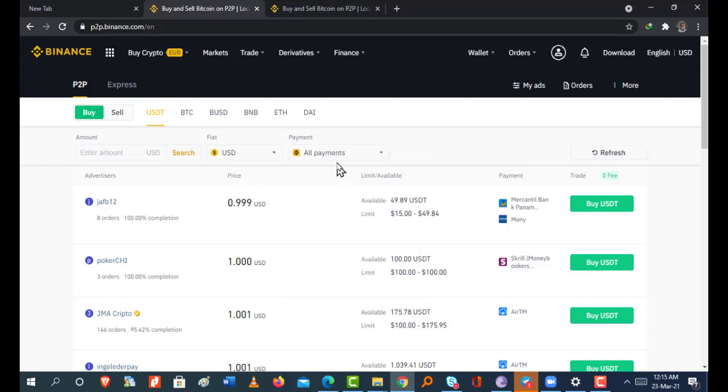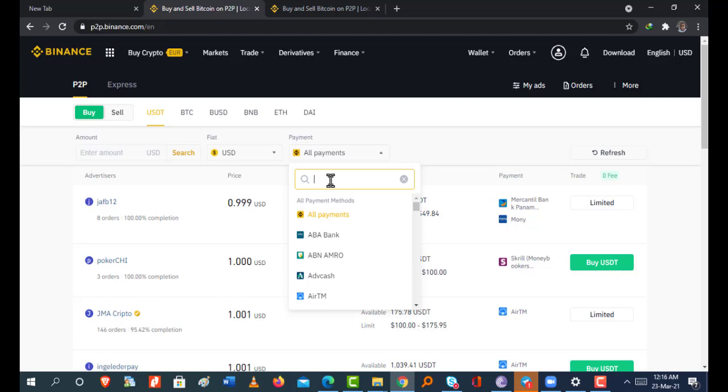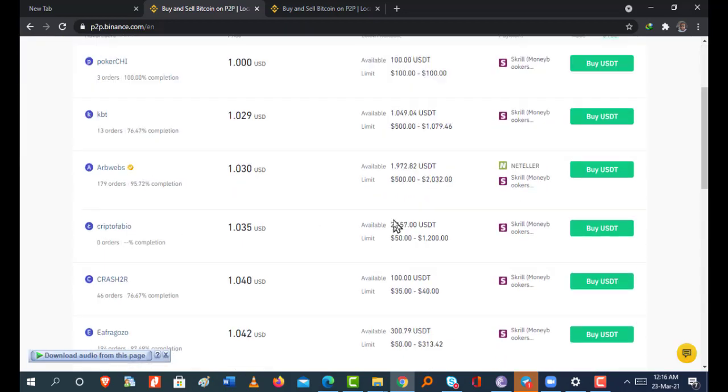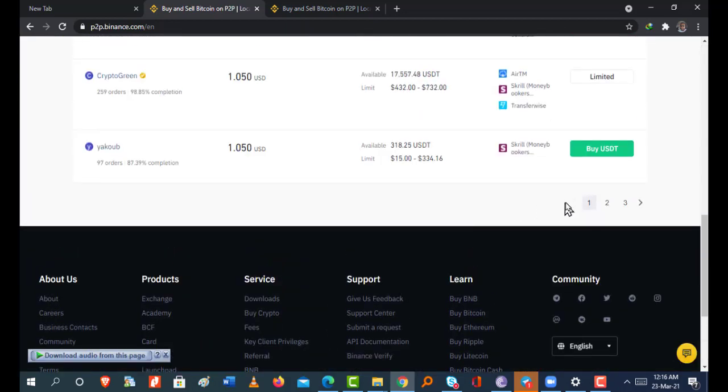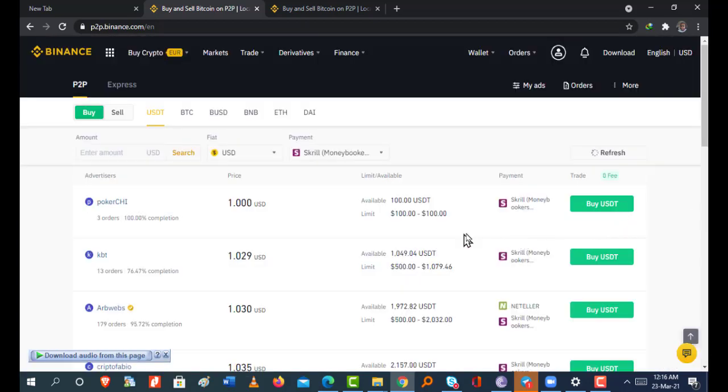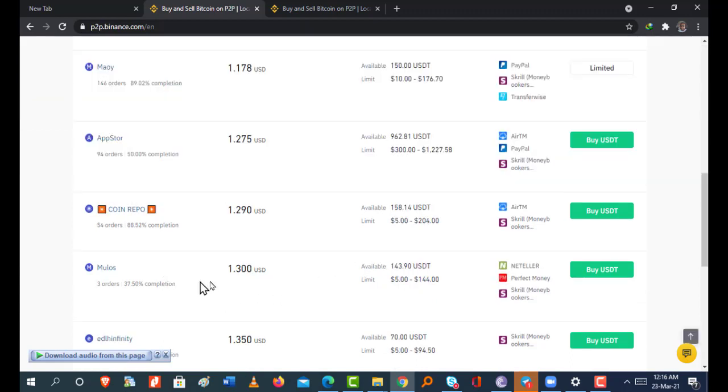So I'm going to check against Skrill. Okay, so here Skrill is done. I'm just going to check, should be on the second page. There are only 3 pages of people purchasing for Skrill. So here I am selling at 1.30. This is me. This is why sometimes the number of orders and percentage completion is not really that accurate.